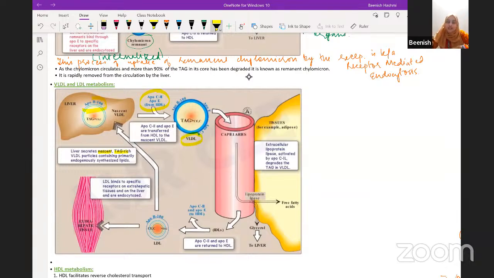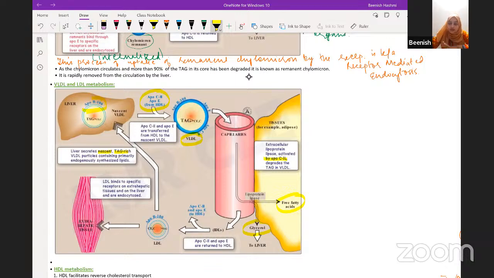Now this VLDL is again going to circulate through capillaries lining your peripheral organs. Again in the capillary endothelium, your lipoprotein lipase is present, which will be activated by ApoC2, and this lipoprotein lipase is going to degrade your TAG into free fatty acids and glycerol. Your glycerol is taken up by the liver, and your free fatty acids are taken up by the peripheral organs.